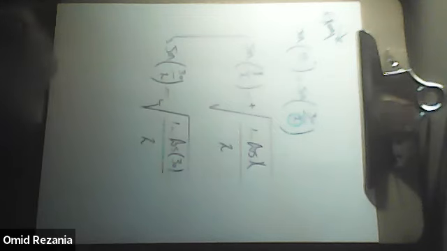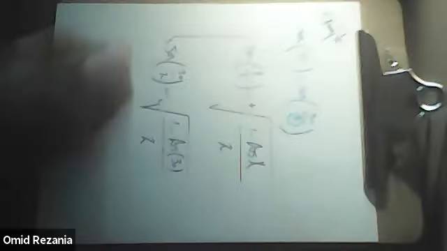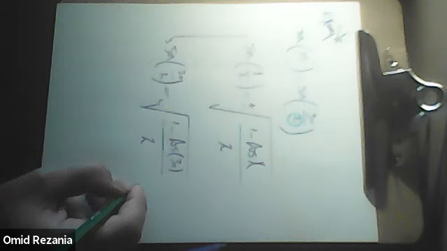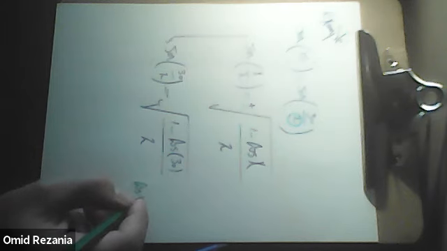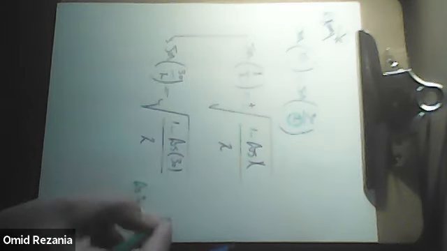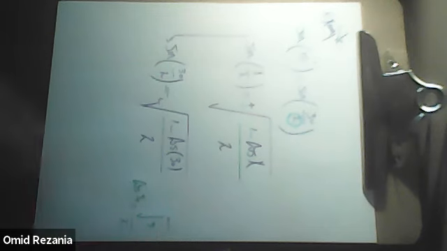And why is it beneficial? Because I know everything about 30 now. What is cosine of 30? Root 3 over 2. That's right. I'm going to write here that the cosine of 30 is root 3 over 2.